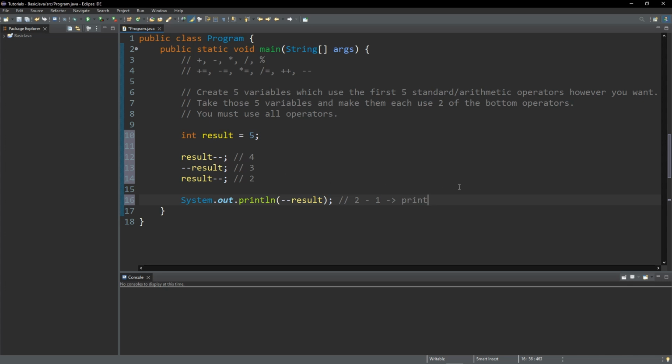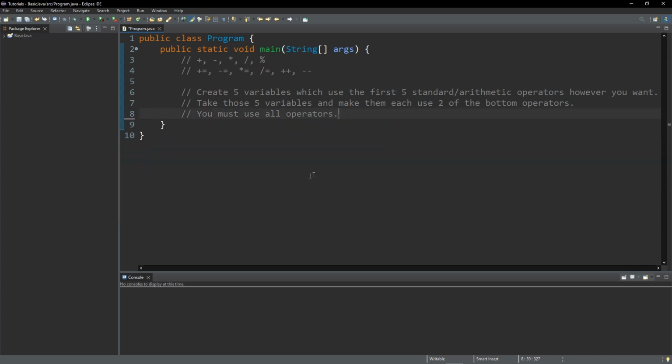So now go ahead and pause the video and try to do this on your own. Otherwise, let's do it together. So let's do int first is equal to 5 plus 1. Int second equals 2 minus 2. Int third equals 3 times 3.